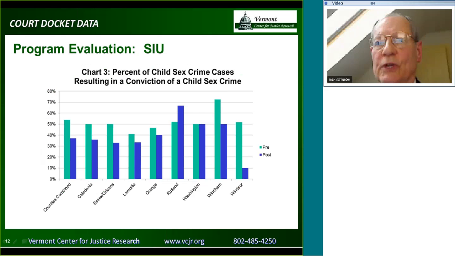So one of the questions we want to ask is, looking at the number of child sex crimes you're bringing, how many of them end in a conviction for a child sex crime as opposed to a reduction to an assault or something like this? The pre-SIU is turquoise, the post is blue, and as you can see, this is not going very well for the SIUs, except for Rutland, where they increased the percentage of cases.